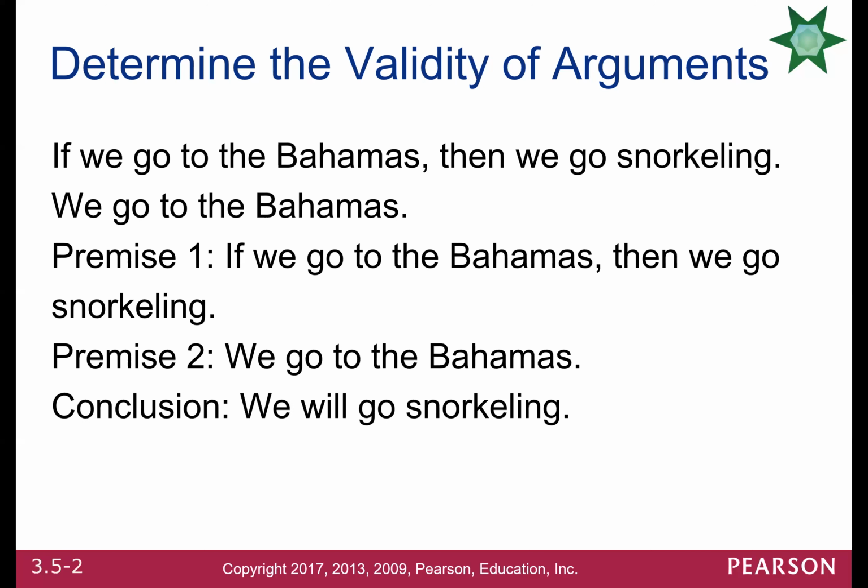So the conclusion of this argument should be that we will be going snorkeling. This is the form of a logical argument, where we have premises, and then we have a conclusion. You may have multiple premises. You can have 2 or 3 or 4. You can have a bunch of them. And then you have one conclusion. So that is the form of a logical argument: premises and conclusion.